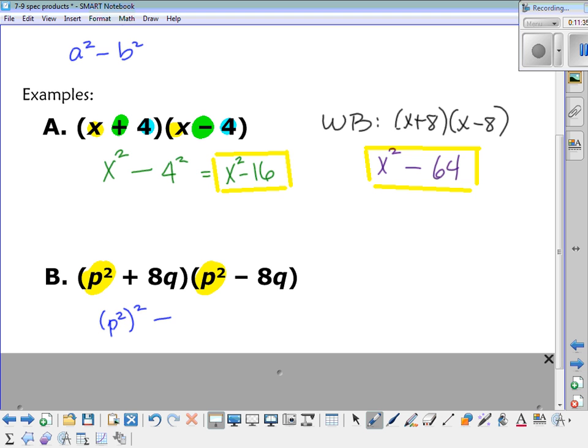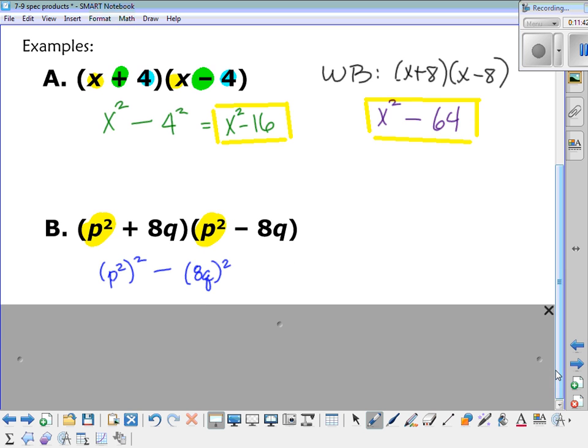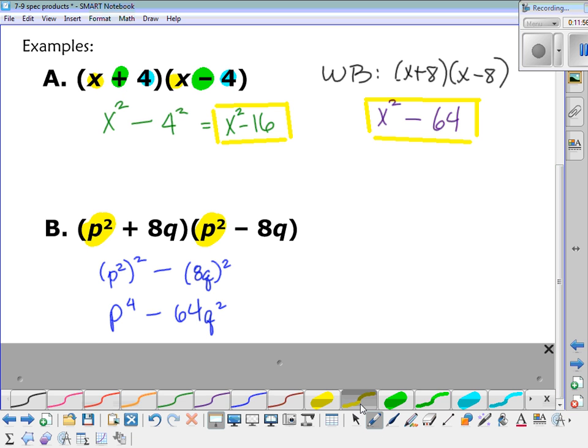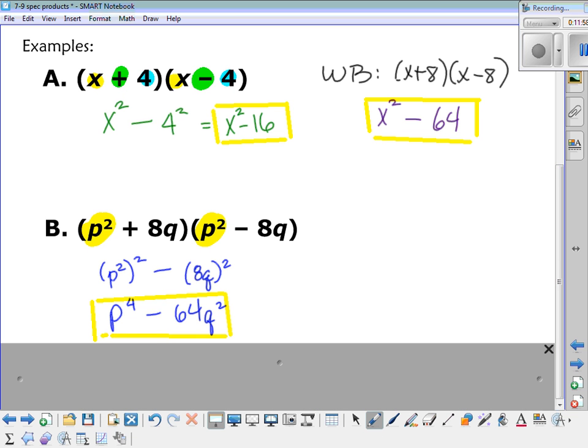And then my b squared is going to be 8q squared. So p squared times p squared is actually what? P to the 4th, yeah. And then 8 times 8 is 64. Q times q is q squared. Any questions on how I got there?